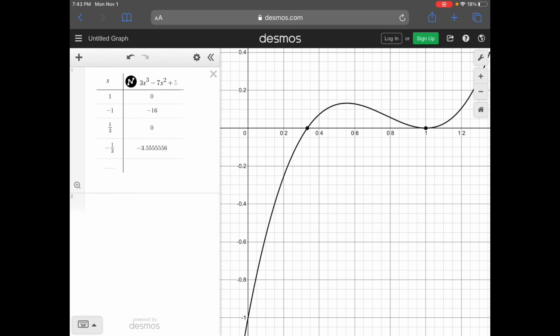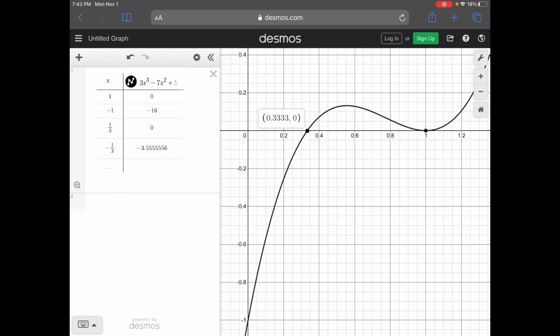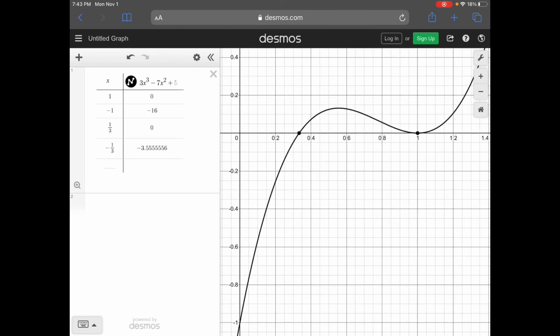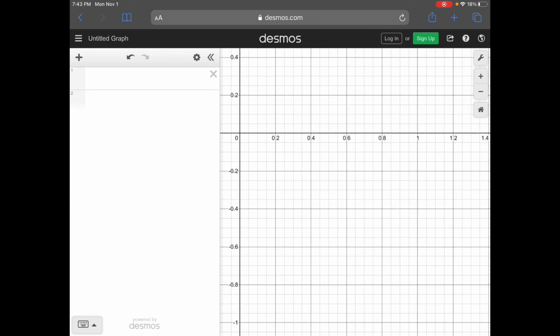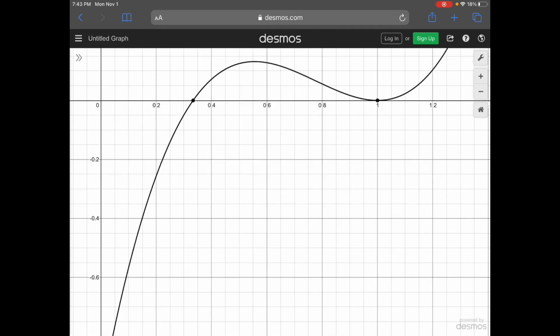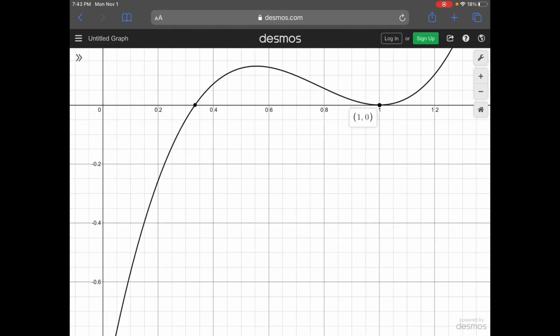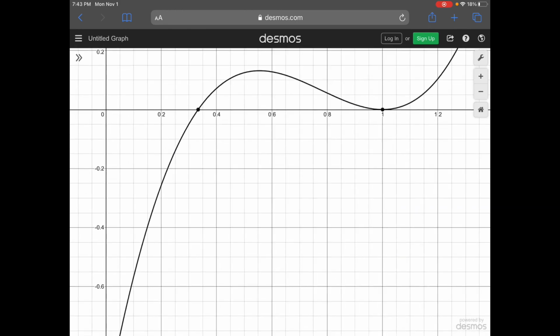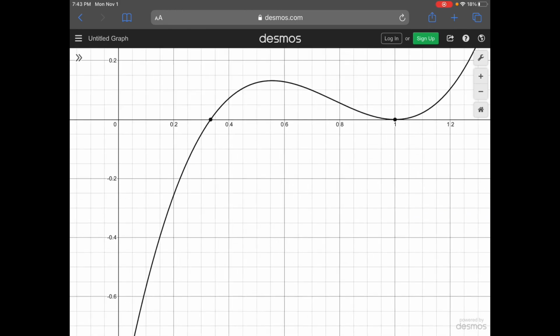We cross right here at 1/3, but we touch and turn around here at 1. See how we go down and then we come back up. So we're tangent here at 1.